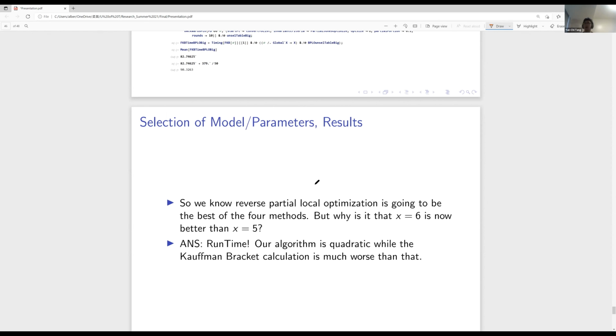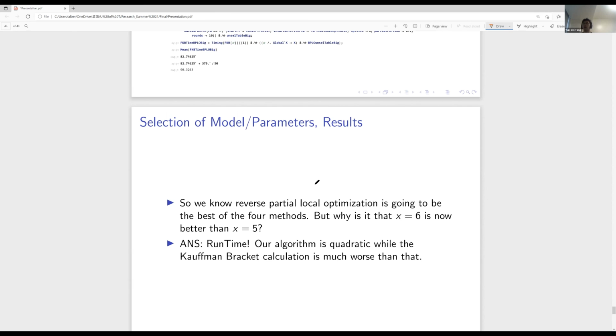And the entire shuffling process I'm applying, if we fix the size of the chunk that we're trying to locally optimize every time, is going to be linear, because we're simply going from left to right, and the number of times we have to do that is proportional to the size of the knot.